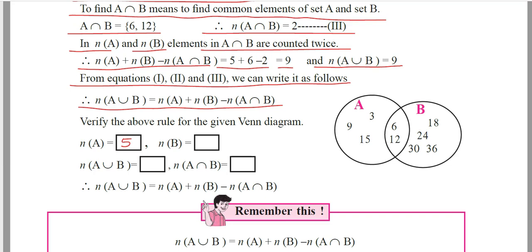n of A is equal to 5. n of B is equal to 6. n of A union B, that is to find out, what is n of A intersection B? 2 elements are there.